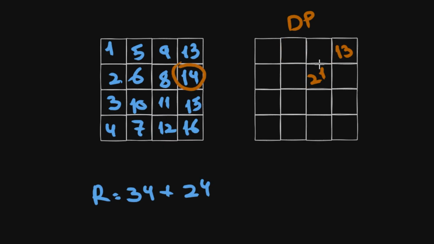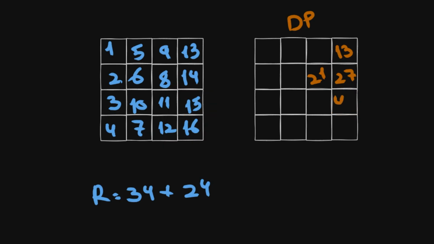Next we are here, meaning in this cell. And the maximum among these 3 elements, this is out of bounds, is 13. So we do 13 plus 14, which is 27. And finally we are here. And from this cell, we take the maximum among these 3 elements, meaning 27, plus 15.